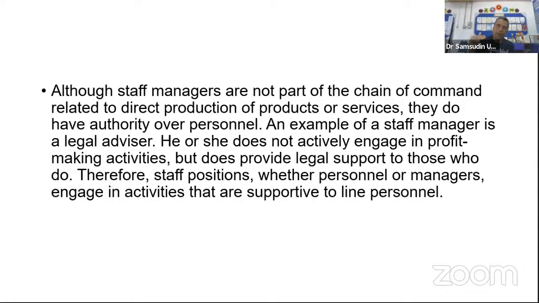Let's say the executive officer is an example of staff. In Malaysia we call it EO, an executive. Then we also have the post of clerk, senior clerk, or chief clerk, ketua kerani. Under this chief clerk is the EO.